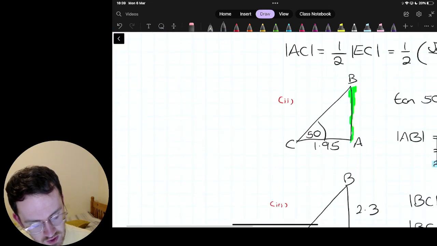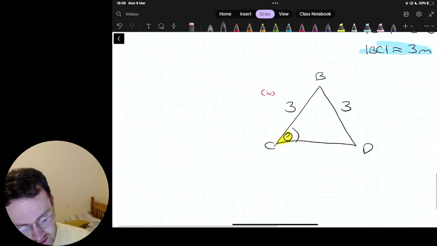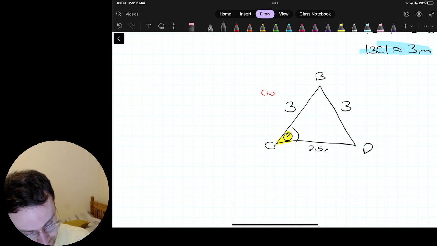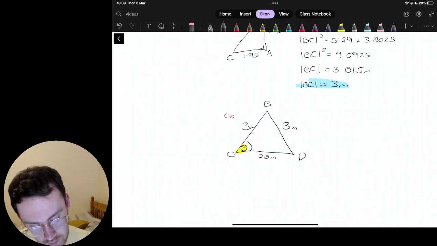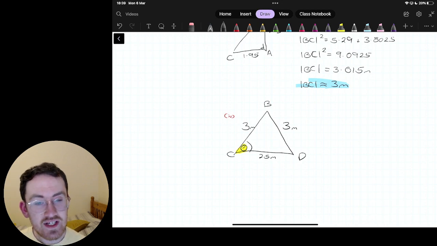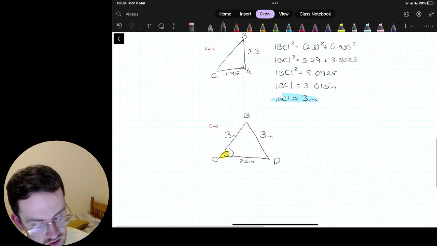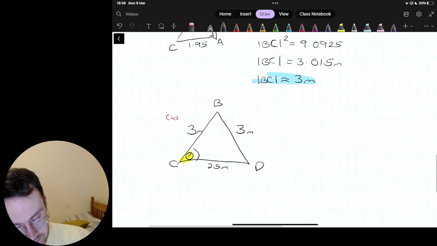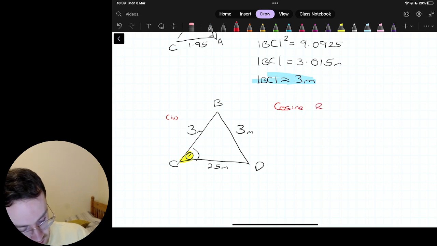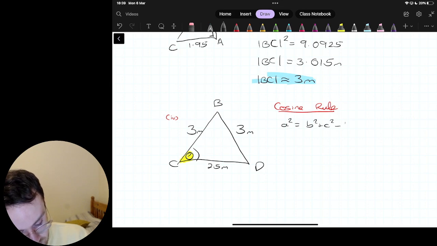Following on, then we know that CD is 2.5 meters. So looking at what we have at our disposal, we have three sides and we're looking for an angle. So the best thing for us to use here would be the cosine rule. When we have all three sides, we'll use our cosine rule. So a squared is b squared plus c squared minus 2bc cos a.